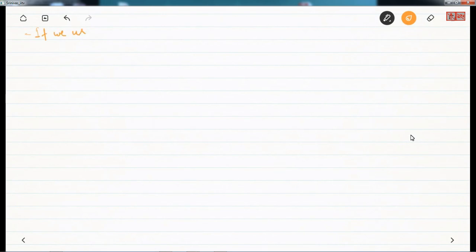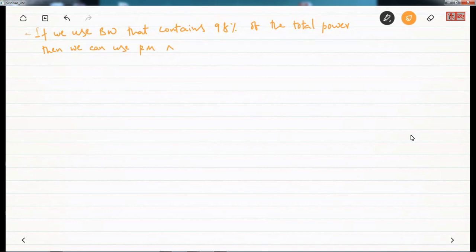So if we use bandwidth that contains 98% of the total power, then we can use the FM system without noticeable distortion.